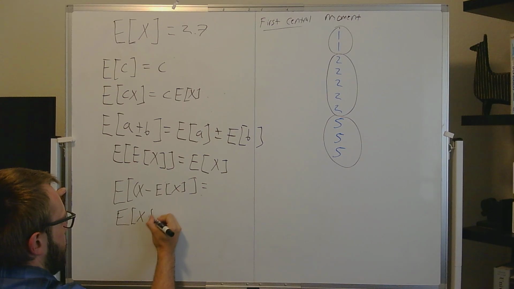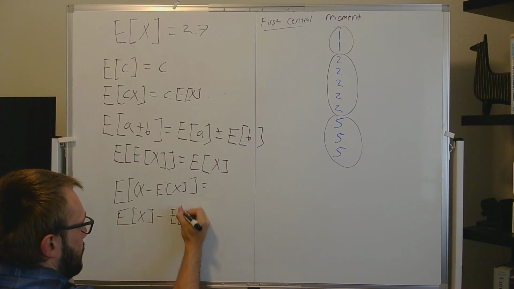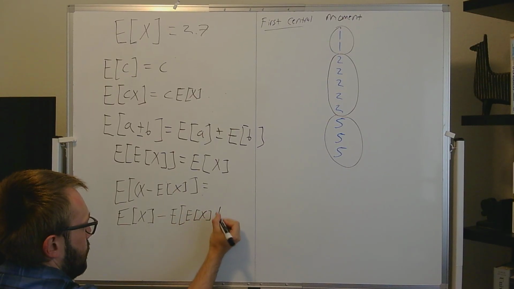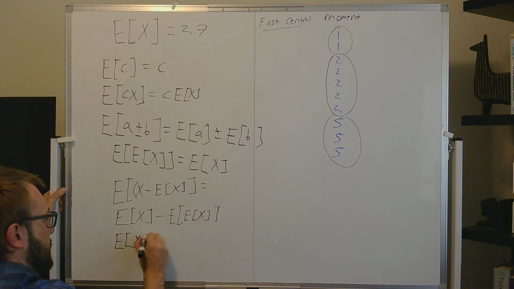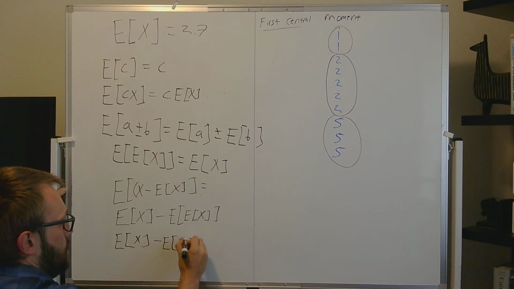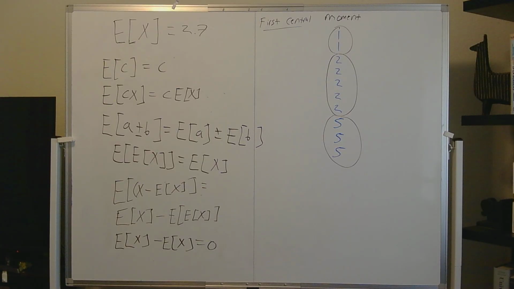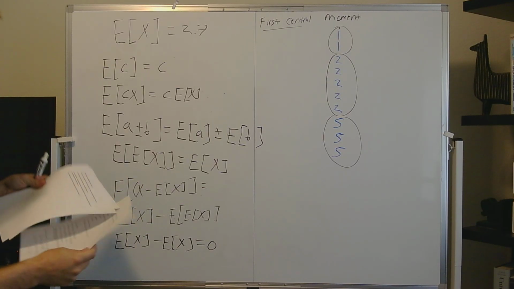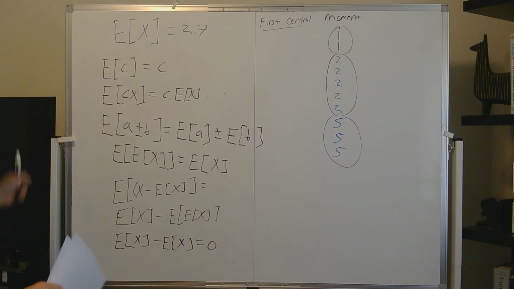So it would be the expectation of x minus the expectation of the expectation of x, which then simplifies down to the expectation of x minus the expectation of x, which always equals 0. So again, we want this for this. In our second central moment, when we start talking about that, that's where this is headed.